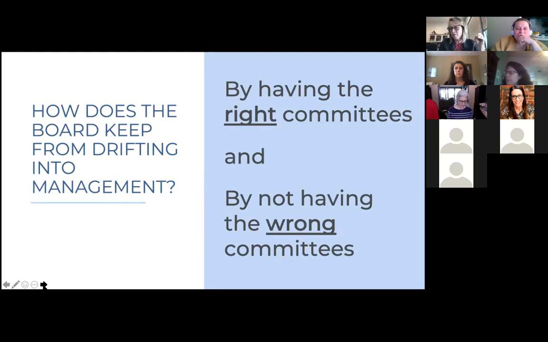We're going to talk about development specifically, but as a general rule, you don't want a lot of board committees that simply mimic specific staff functions. Now, I'm sure you're thinking, well, what about development? Isn't that, yes, that's like the one exception to the rule.